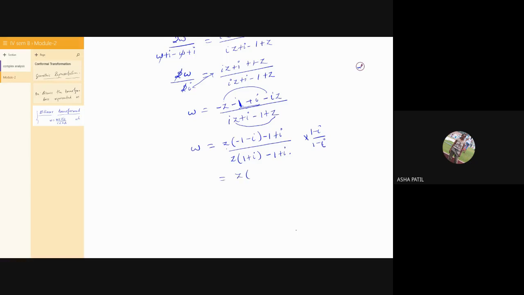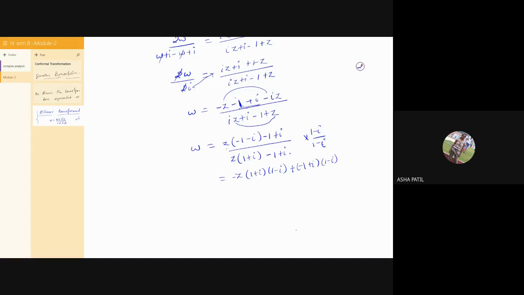We have Z into, I take minus outside, it is 1 plus I into 1 minus I. And again here we have plus, I'll write minus 1 plus I and 1 minus I. Better to take minus outside.